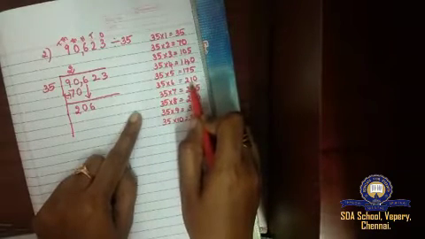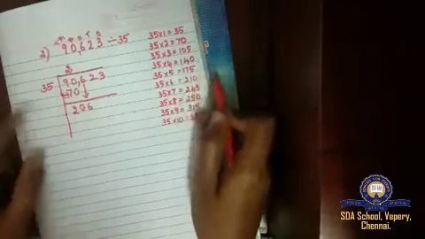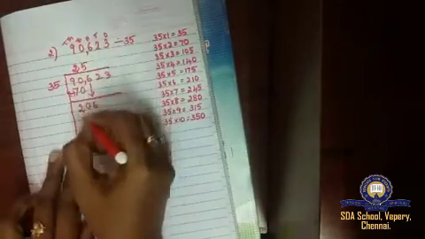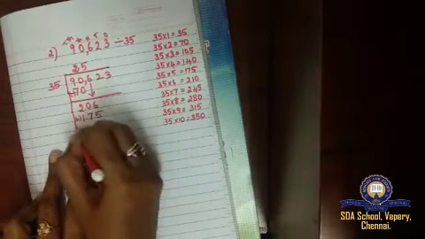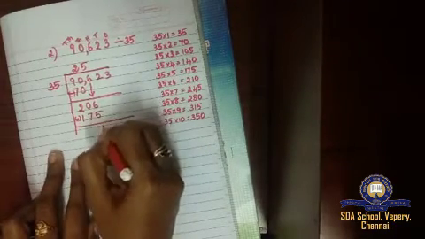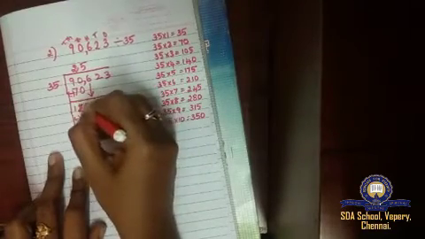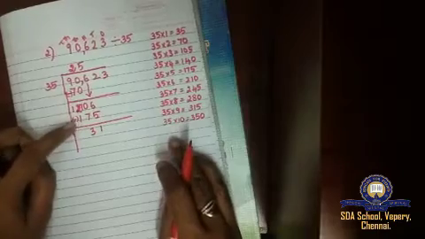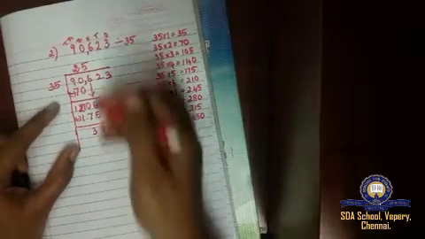20. Now compare this 20 to this 35. Again 20 is a very small number. Now we will bring down this 6. Now 206. Now we have to check whether this number 206 will come in this table. We will check it here, but we could not find 206. 35 sixes are 210, greater than 206.